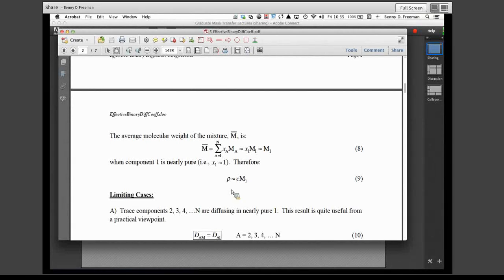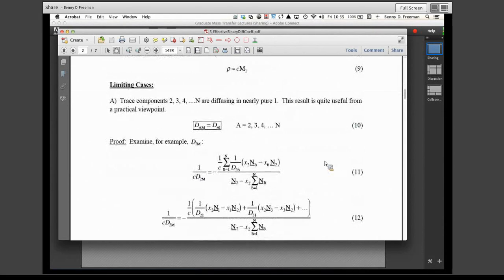And this provides the following relationship between the mass average concentration and the molar average concentration in the mixture. So let's look at just a few limiting cases.